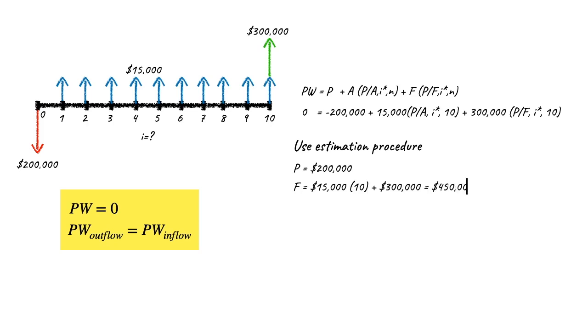So we will get 450,000 of money coming in. Remember, outflow of money should be equal to inflow of money, so the P should be equivalent to F multiplied with the PF factor. Substitute the amount appropriately and you should get the estimated PF factor to be 0.44444.